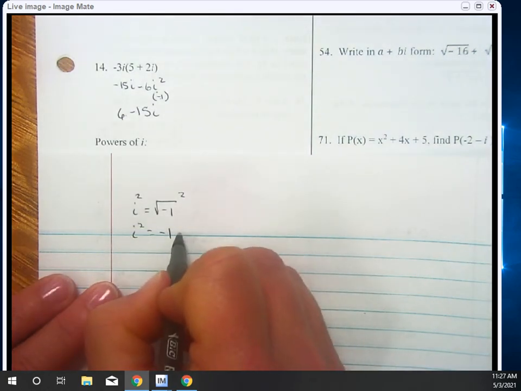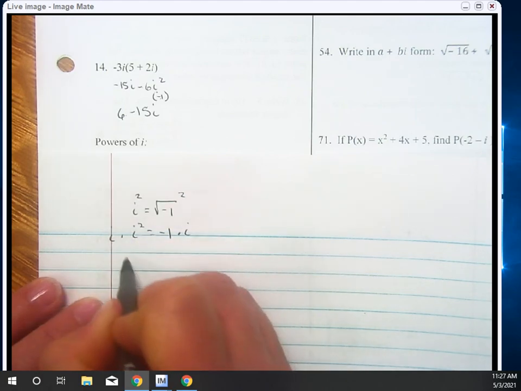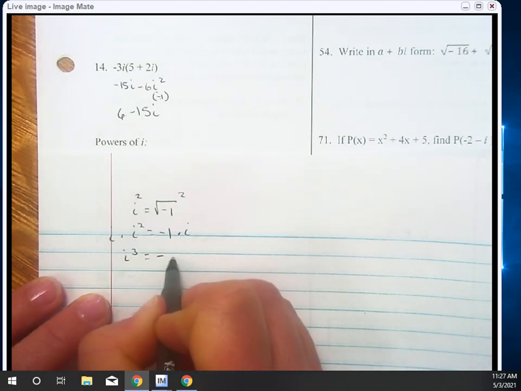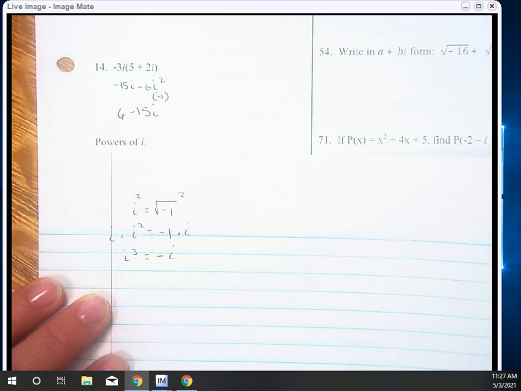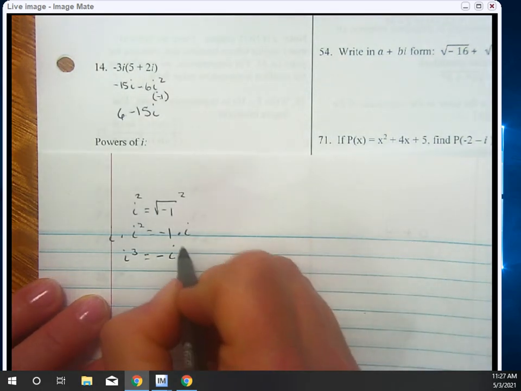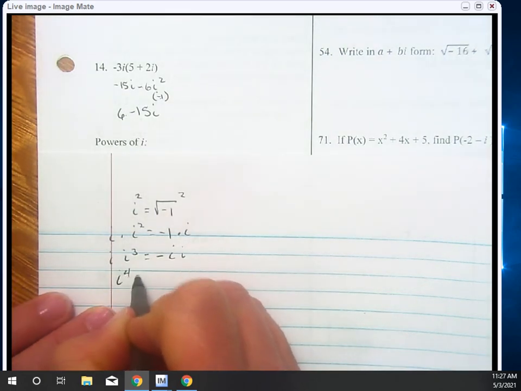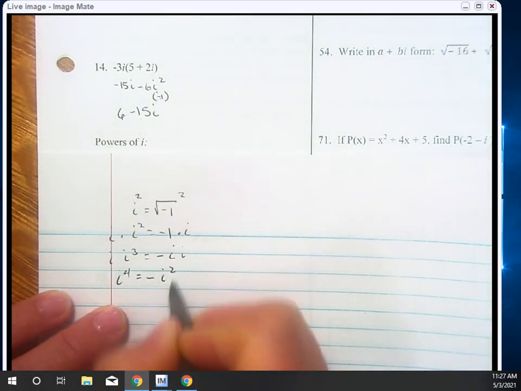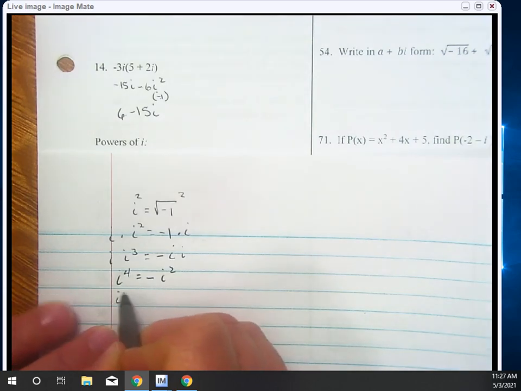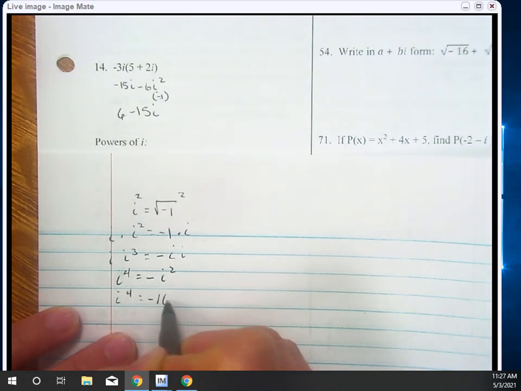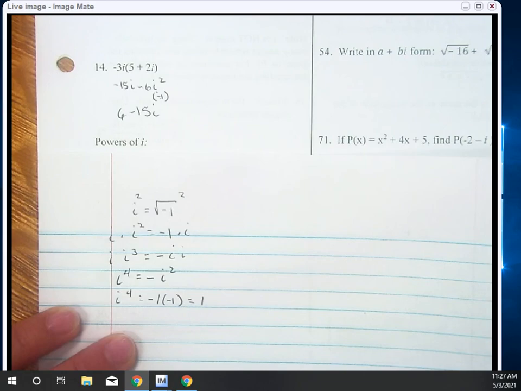If I multiply that equation by i, then i to the third is the same as negative i. If I multiply that by i, then i to the fourth is negative i squared, but i squared is negative 1. So i to the fourth is 1.